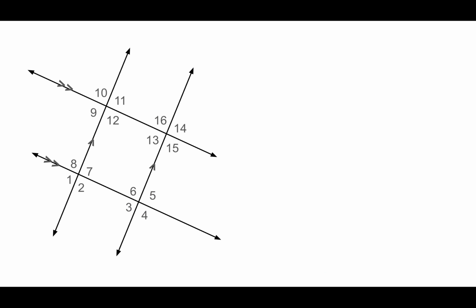Wow, okay, here it looks like we have two sets of parallel lines. And I want to find a vertically opposite angle to angle 10. So there's angle 10. Well, vertically opposite is angle 12. I made the lines blue so you could see where they intersected.